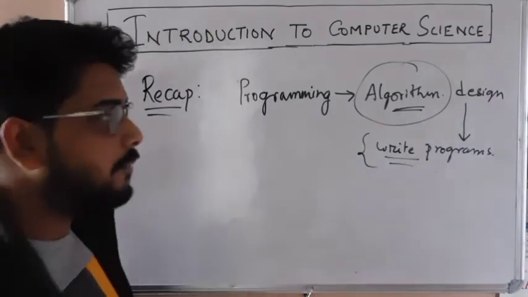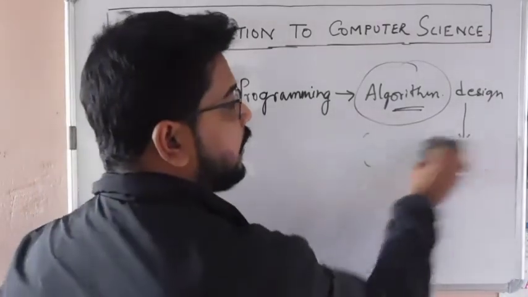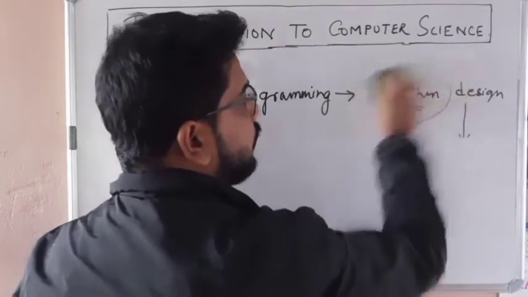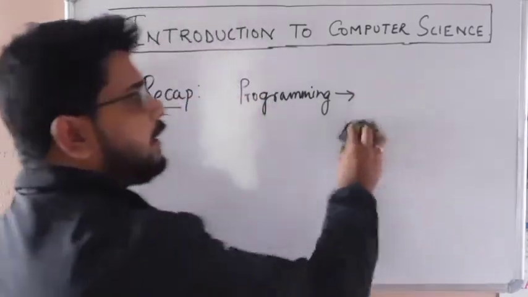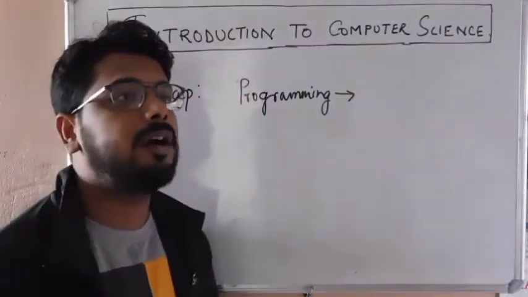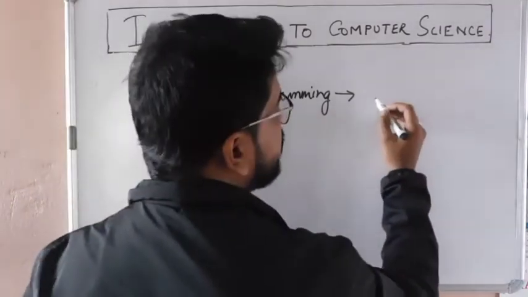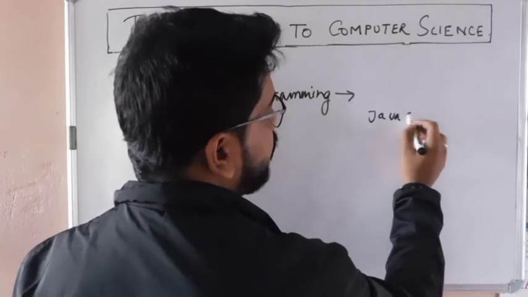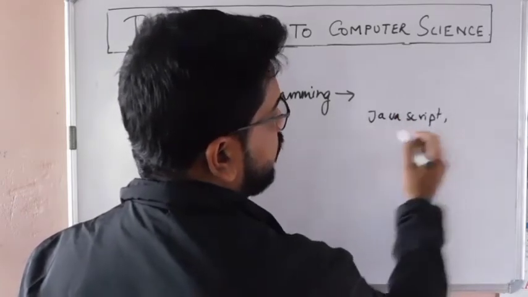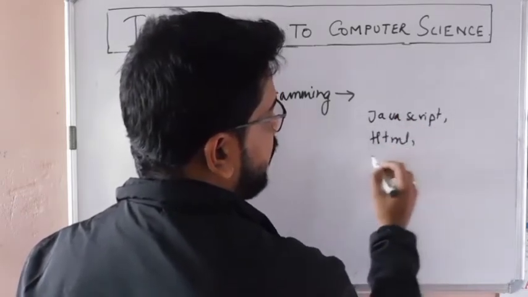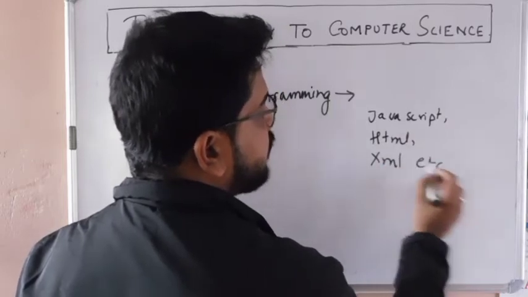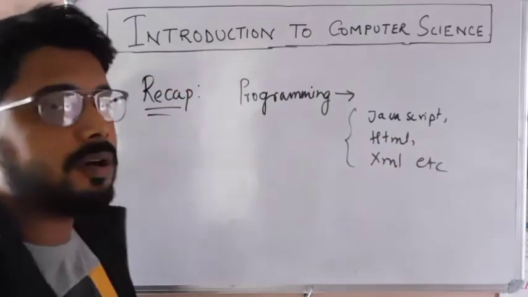So, I guess every one of you might have heard about different programming languages, right? Like in class 10, if you are from class 10, then you might have heard about various programming languages, like JavaScript, then HTML, XML, etc. All these are introductory programming languages.